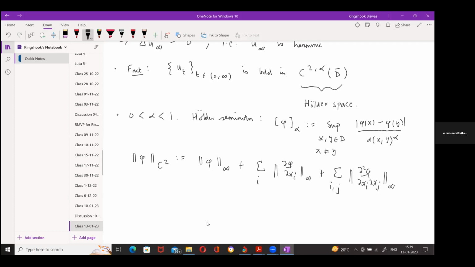This is the C2 norm. And what is the C2 alpha norm? The C2 alpha norm is defined to be the C2 norm of phi plus the sum over i, j of the Holder semi-norm of del squared phi over del x_i del x_j.